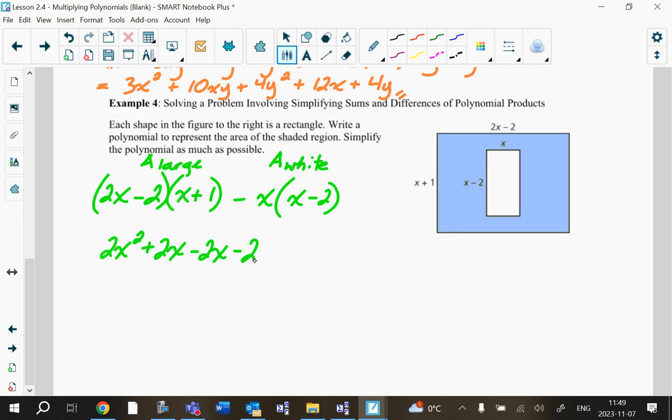I can do the multiplication right now with the subtraction. Minus x times x, minus x squared. Minus x times minus 2, positive 2x. Now, you could have done this, put it in parentheses, and then do the subtraction. You'd still end up with the same thing.